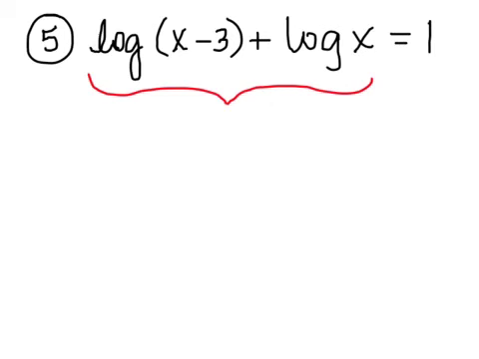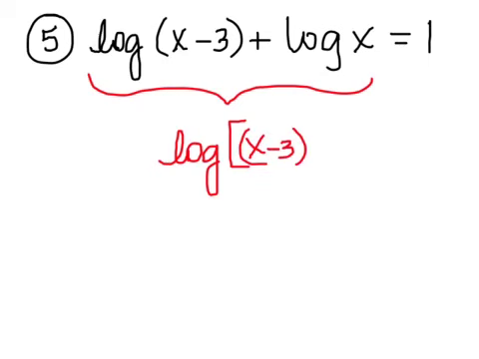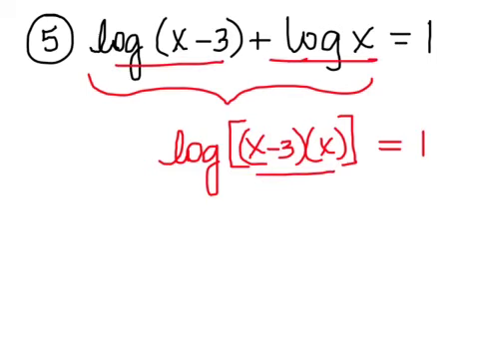So this is why knowing how to go from 2 logs down to 1 log is a useful property. So we are going to say that this is log of x minus 3 times x, and that equals 1 still. So we just used one of our properties of logs to say that 2 logs separately added is the same as 1 log with those 2 things multiplied.